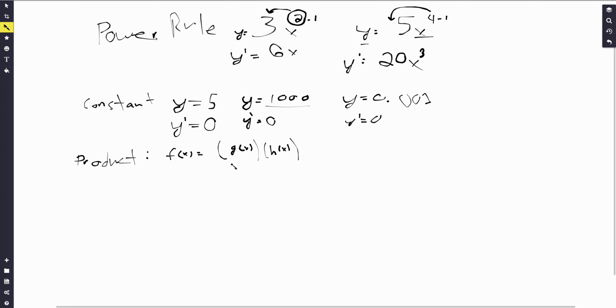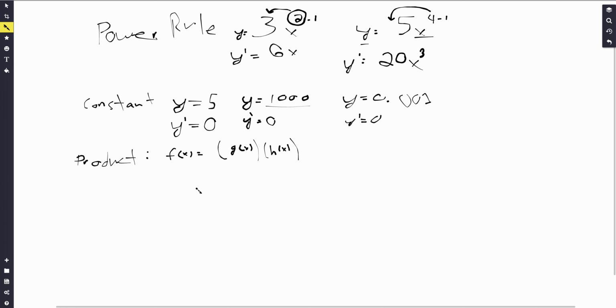Now obviously I'm just using g of x and h of x as an example. These would probably be replaced by actual numeric values with variables, but I know in the calculus AP exams they'll have like g of x and h of x to confuse you guys. So I want you guys to make sure you have an understanding of just what the product rule is, so you can better apply it in your future quizzes or tests that you possibly take.